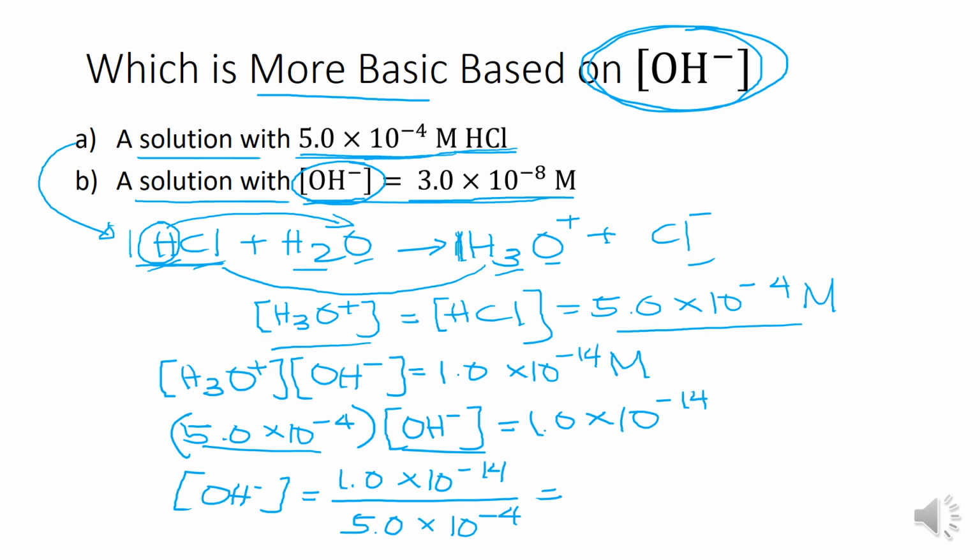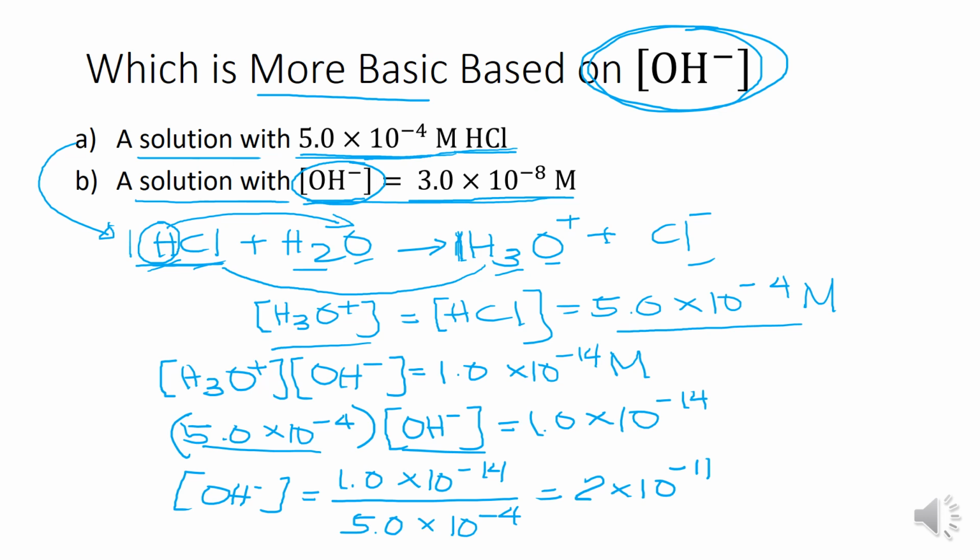Let's input that in the calculator. So you have 1 exponent negative 14 divided by 5 exponent negative 4. And the answer is 2 times 10 to the negative 11. Again, that is 2 times 10 to the negative 11.